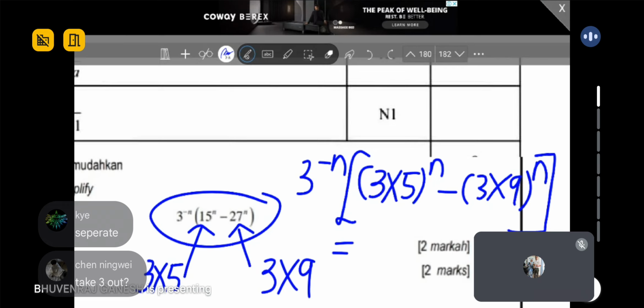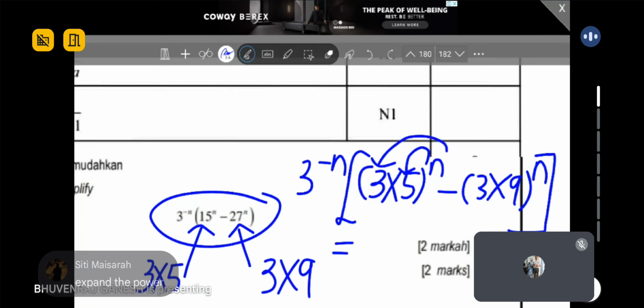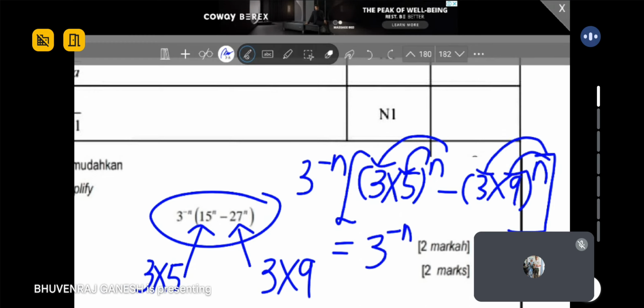So fast can finish already. Don't have the memory. Take 3 out. No. Yes, separate. Very good. Expand the power. Correct. You times the power to all the variables, guys. Okay, make sure remember this format. Very important. Okay, so you get 3 power n, 5 power n, 3 power n, 9 power n. Macam ni lah. Something like this.